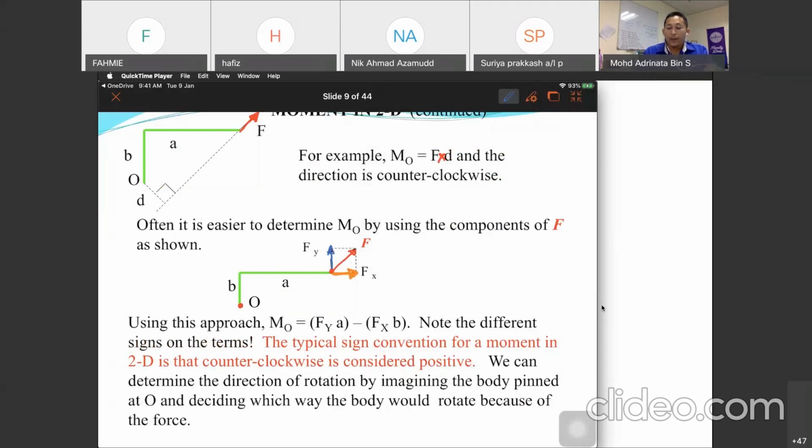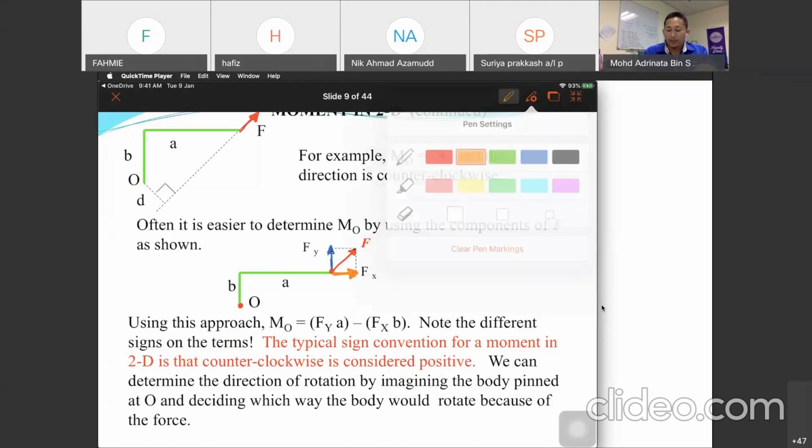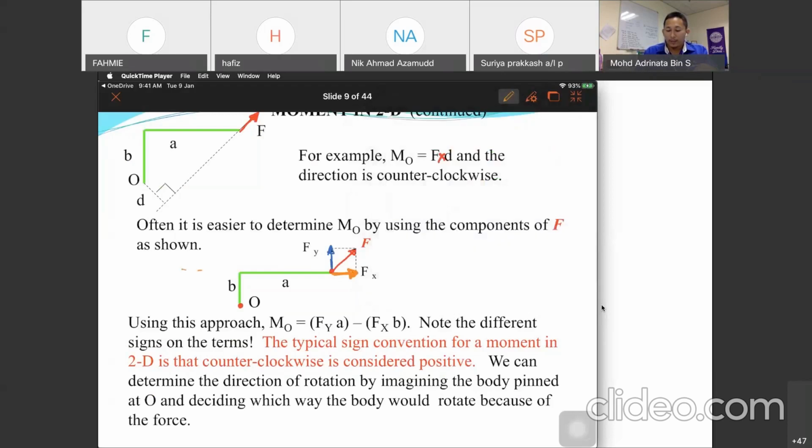For Fx, what is the moment? Fx is acting on this line. So it is along the line, but you need to find the distance from that point of moment.